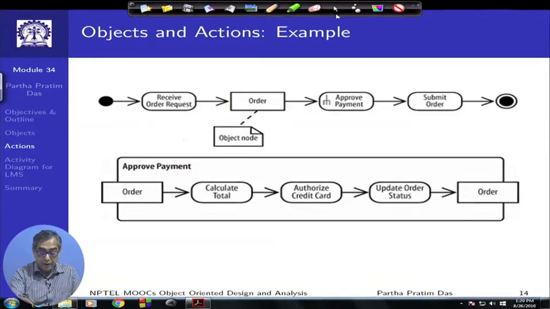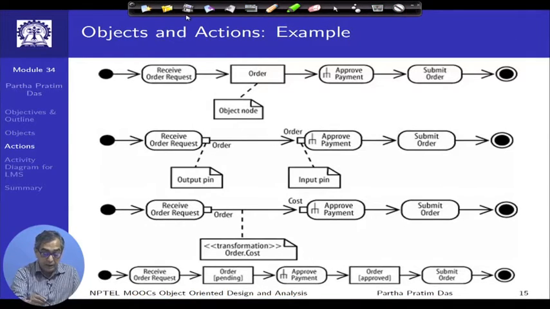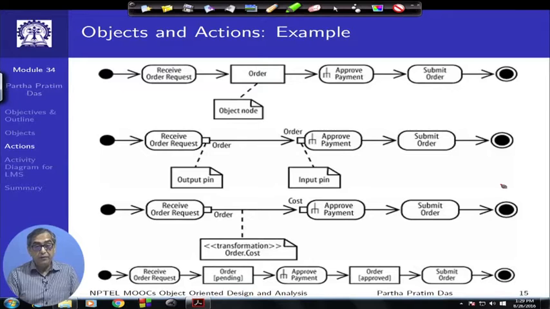If we look into this flow, we can see that in the same flow we can look at the object in multiple different ways. This is the first one that we saw: they receive order request and send it for approval of payment. You have an order object here.